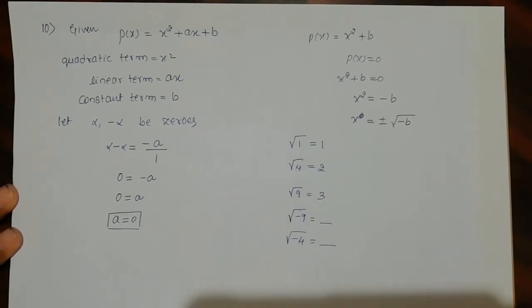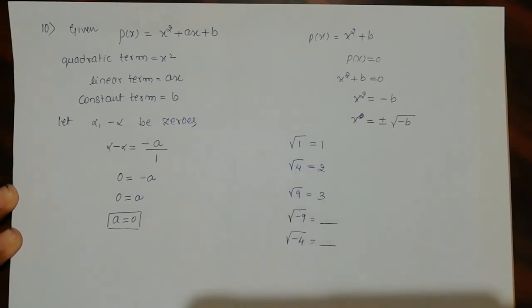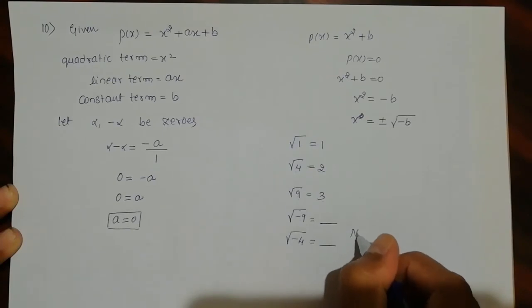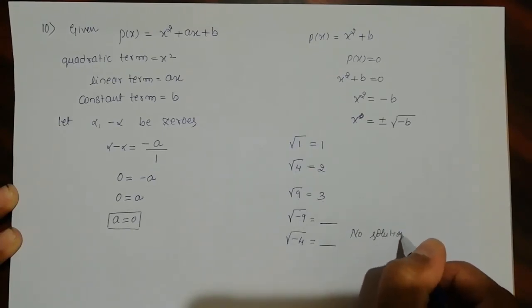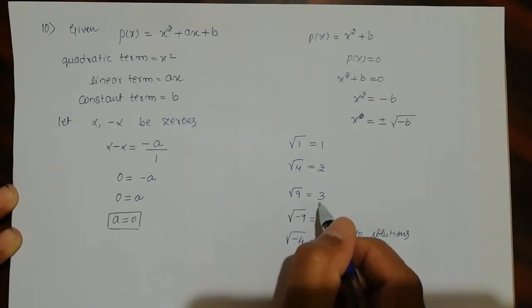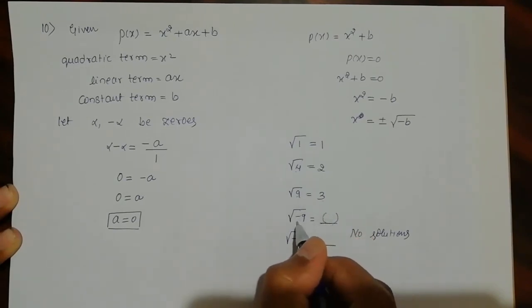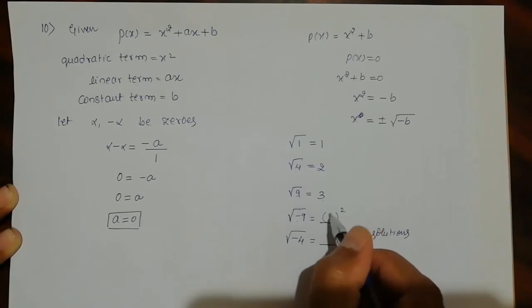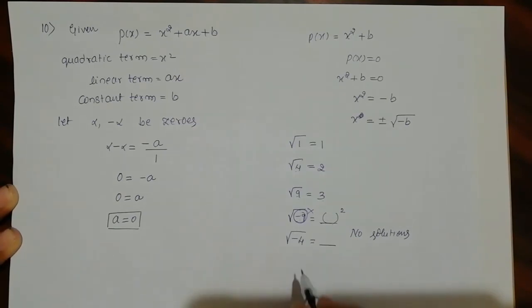There is no solution for this, because 3 square means you will get 9. Whose square will become minus 9? This will never happen, because square of any number is always positive, but here it is negative.